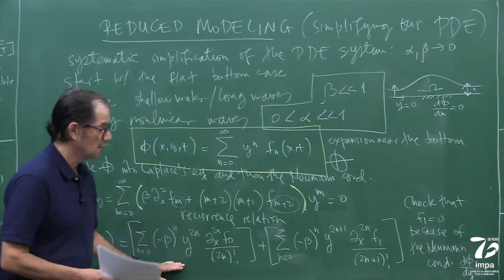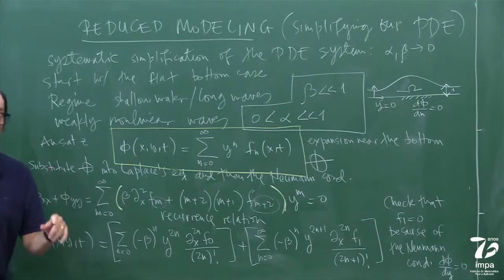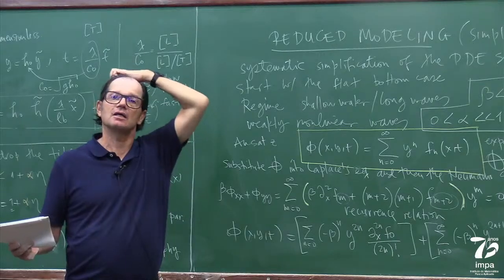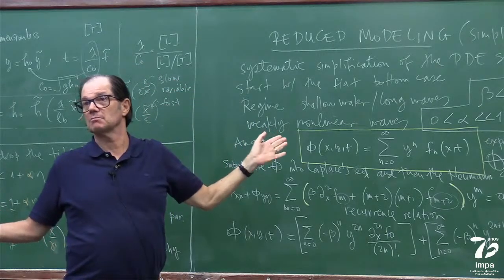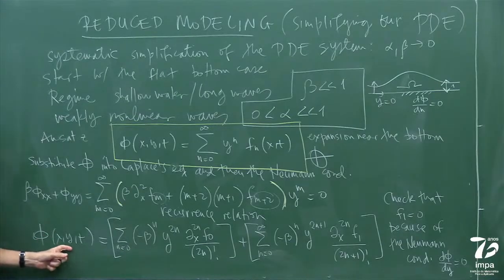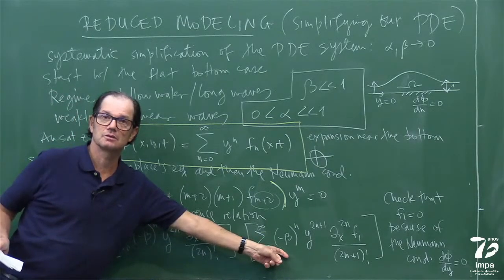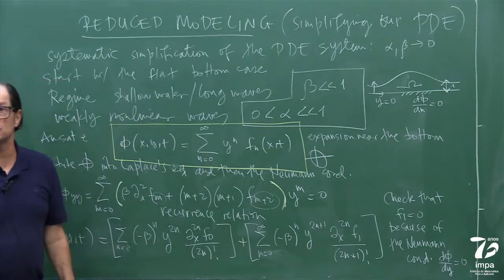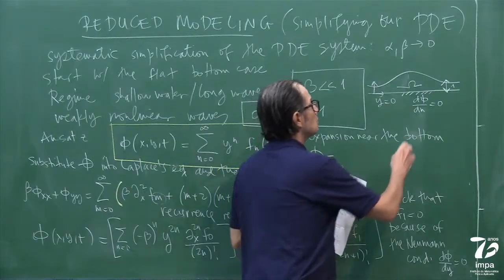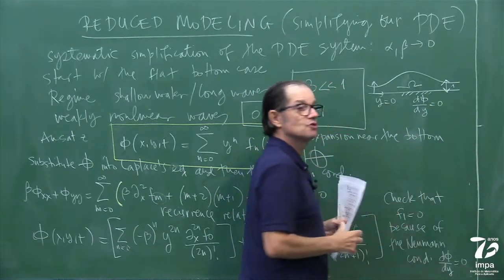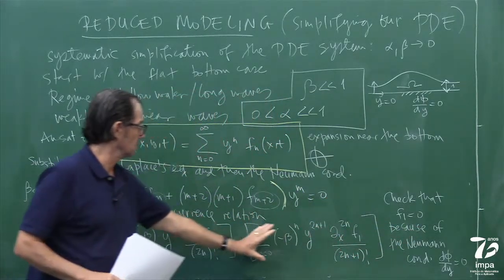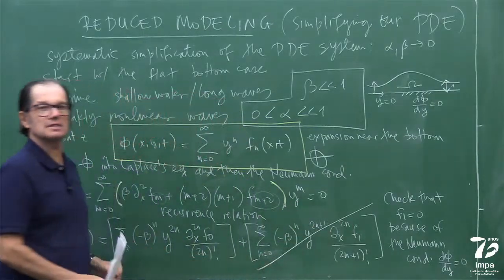When you check that formally, so let me rephrase things. Why am I saying formally so many times? Because I'm not checking the convergence of the series, but it looks like it makes sense. So formally, my harmonic function is given by these 2 power series. But you can check formally that when you impose dphi/dy equal to 0 on the bottom, f1 is 0. So if f1 is 0, this whole part doesn't play a role anymore.